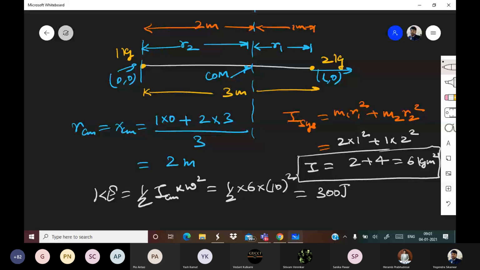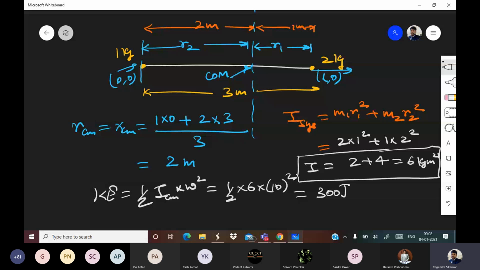Understood? What is given? No, it should be 300 joule. Remind me all this after the class completes, so that I can tell them to correct it.